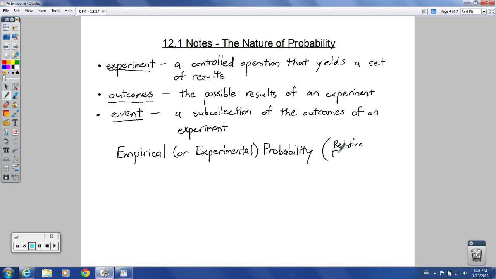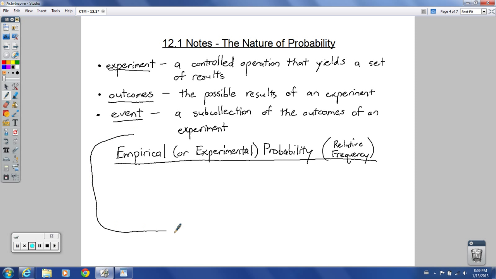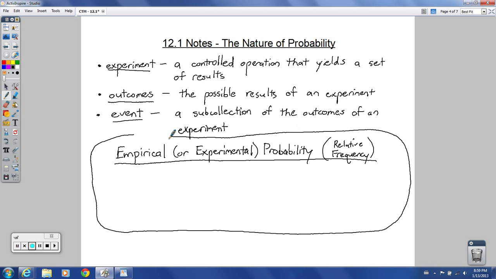Another phrase for this is relative frequency. What's the relative frequency of something occurring within an experiment, within empirical probability, in other words? I'm going to underline all this. This is going to be the big kahuna for this lesson right here. So I'm going to circle this, leave some space down here to write some stuff in.